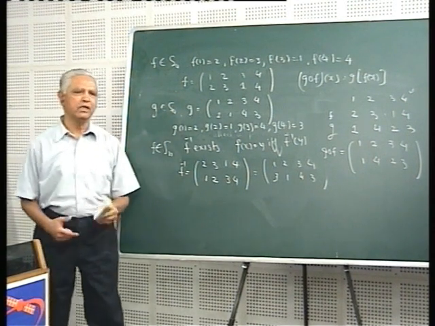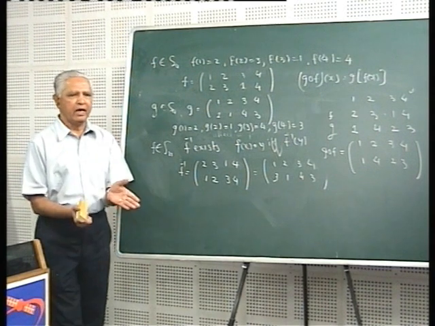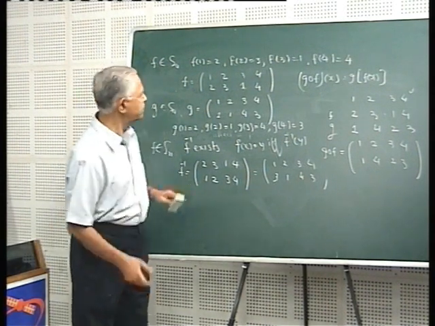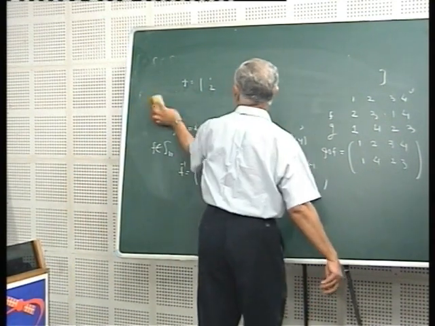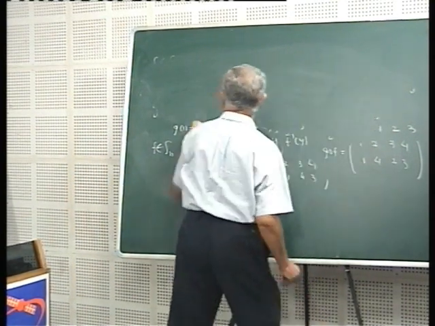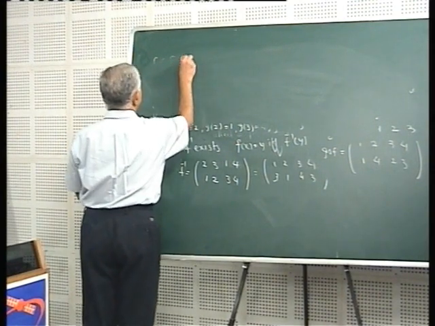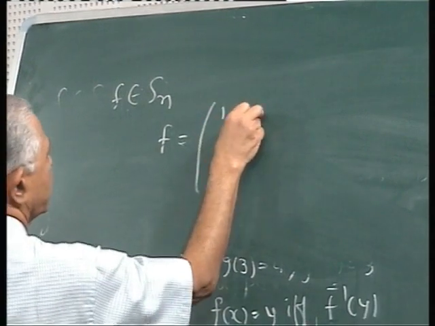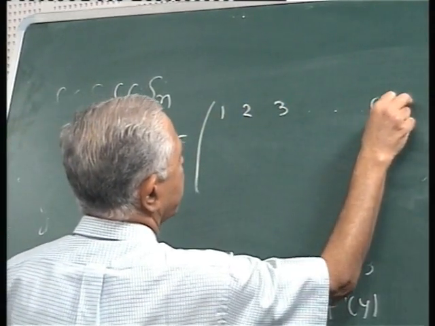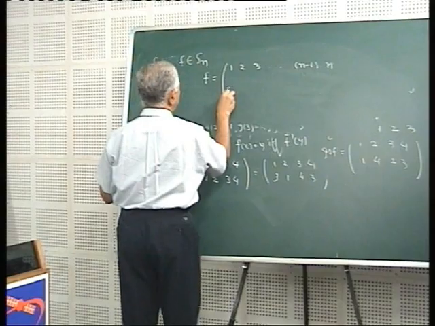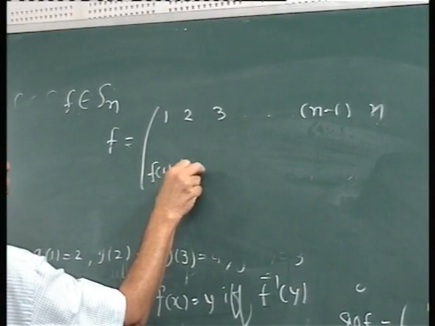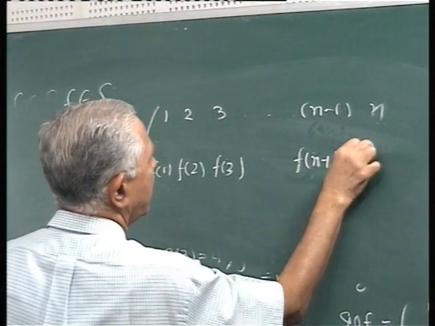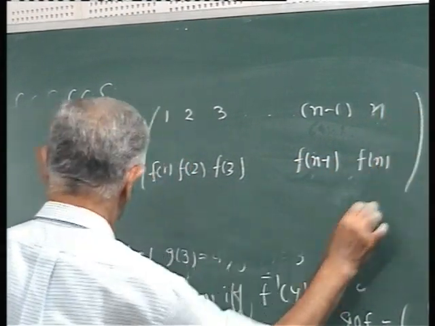Now the next question is, for a given n, is our group S_n finite or infinite? For that again this representation will be helpful. Suppose f belongs to S_n, and I can write f in our notation as 1, 2, 3, up to n minus 1 and n over f(1), f(2), f(3), up to f(n minus 1) and f(n).